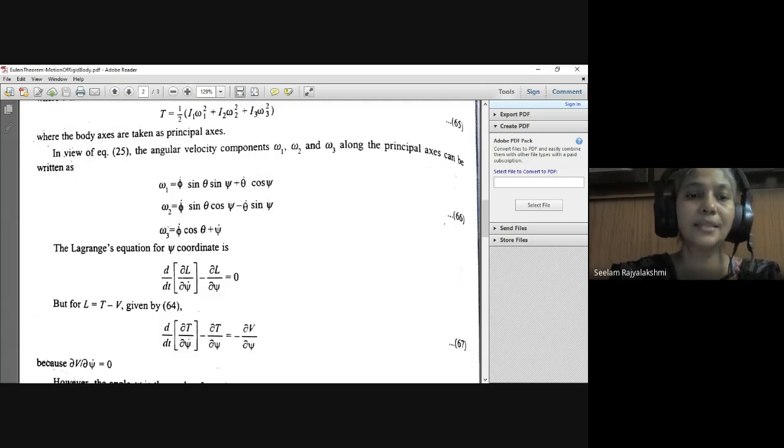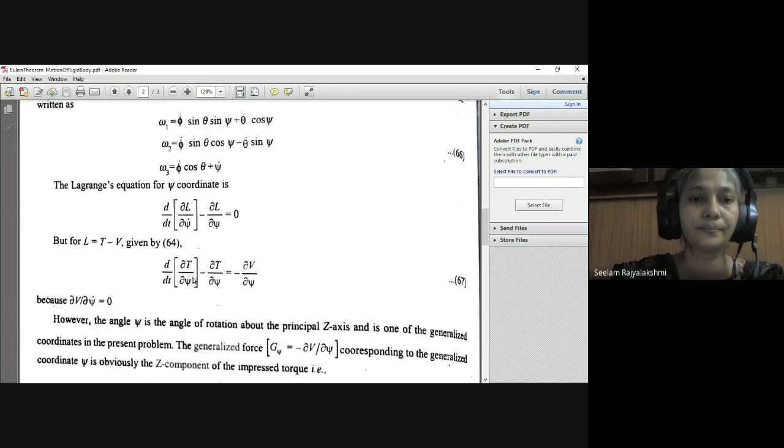The Lagrange's equation for the psi coordinate can be written as d by dt of dou L by dou psi dot minus dou L by dou psi equals 0.